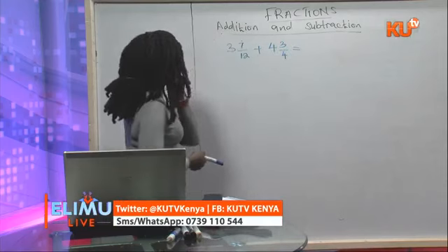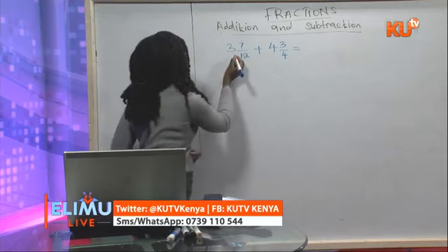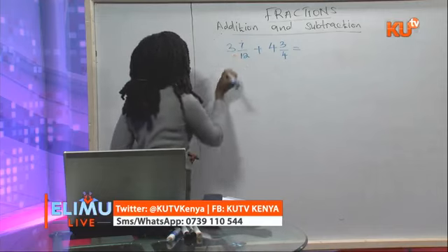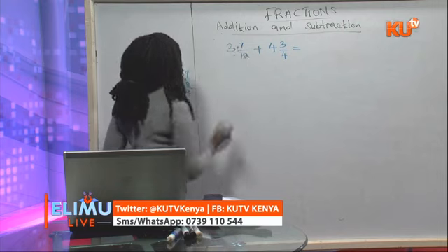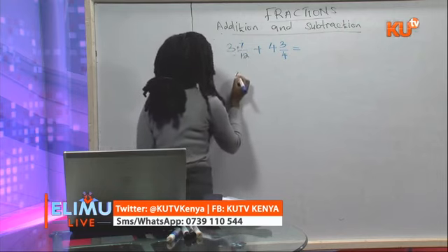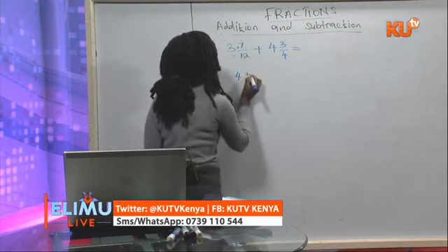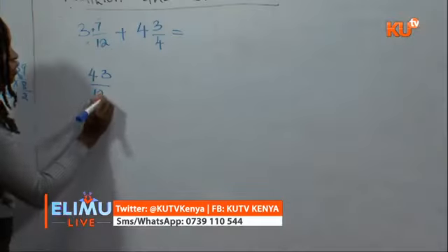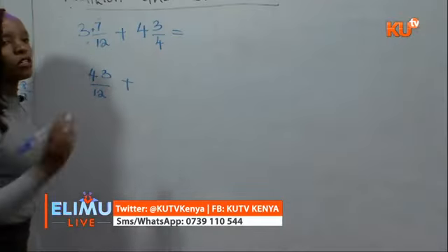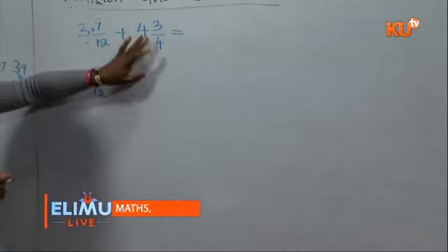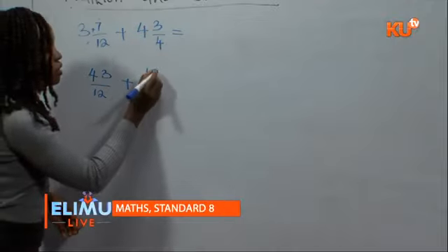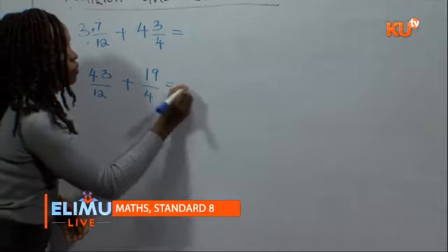So we are changing to improper fractions. 3 times 12 is 36. 36 plus 7, we get 43 over 12, plus 4 times 4 is 16. 16 plus 3 gets 19 over 4.